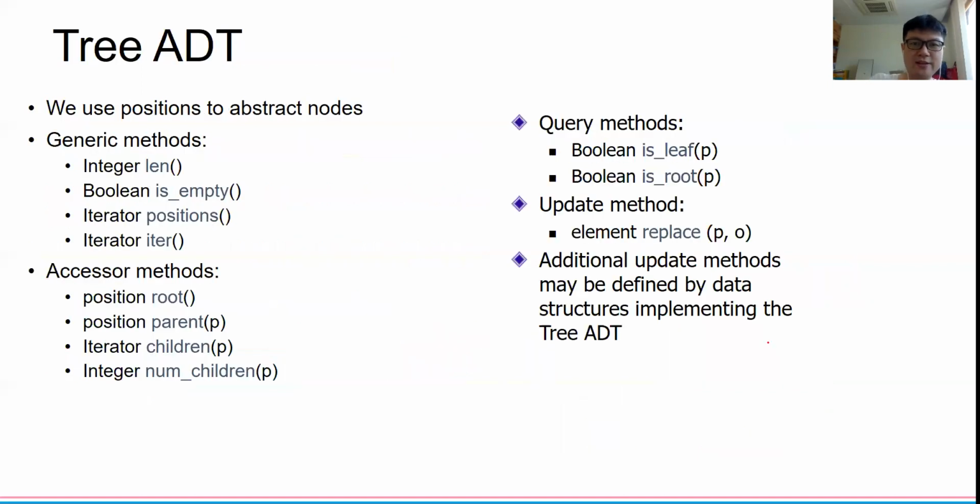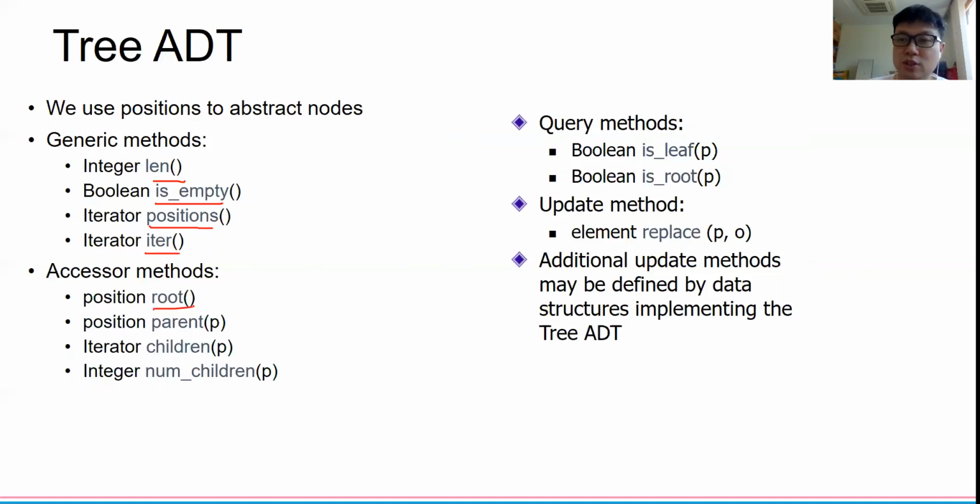So the tree ADT contains the generic methods like length, how many nodes are in the tree, is empty, whether the tree is empty or not, and position, and we can do the iteration. Okay, the accessor methods are root.